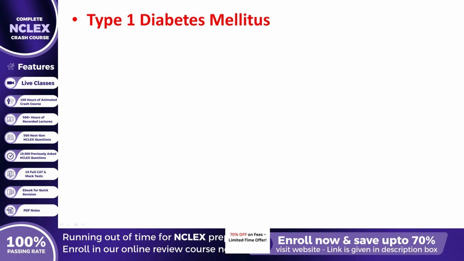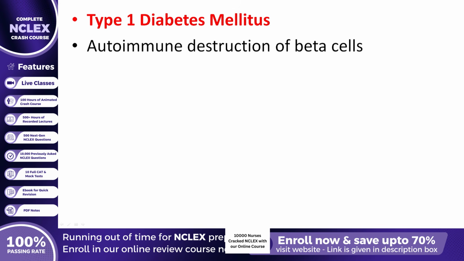Now that the foundation is clear, let us transition into the types of diabetes mellitus, because differentiating them is extremely important for MSN-level understanding. First, we have type 1 diabetes mellitus, which is an autoimmune disorder characterized by destruction of the pancreatic beta cells located in the islets of Langerhans.